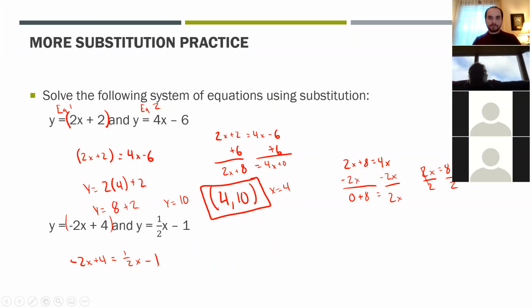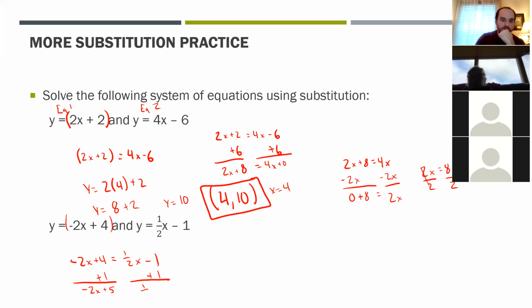Okay. Any ideas? What's my next step? We could add 1 to both sides. That works. This gives us negative 2x plus 5 and 1/2 x plus 0. So now we have negative 2x plus 5 equals 1/2 x.